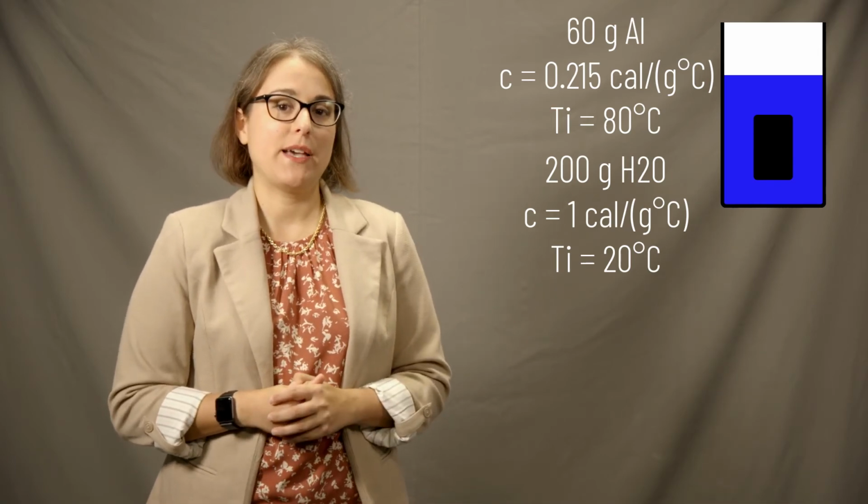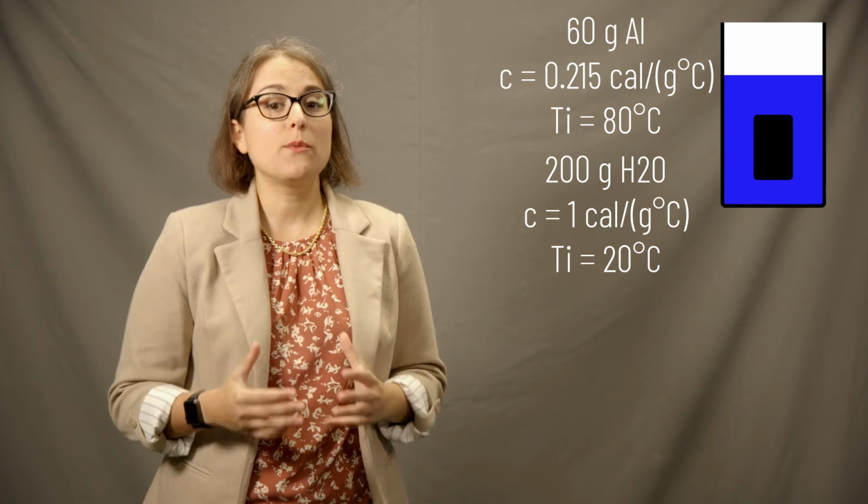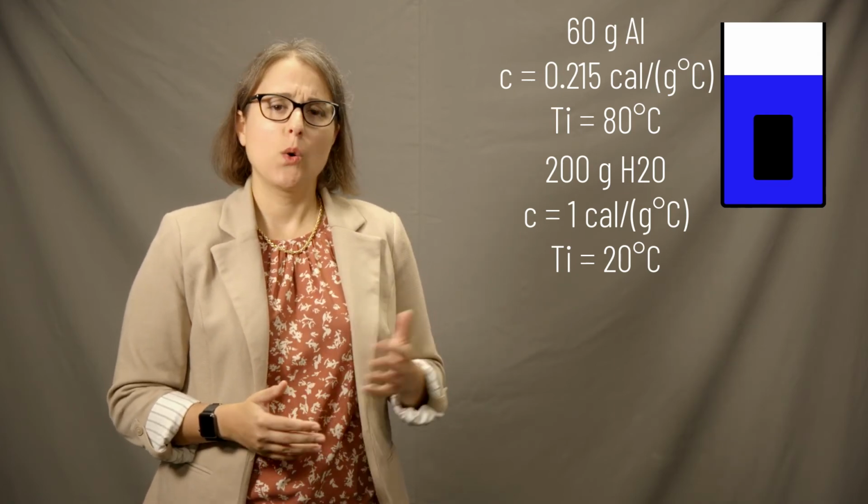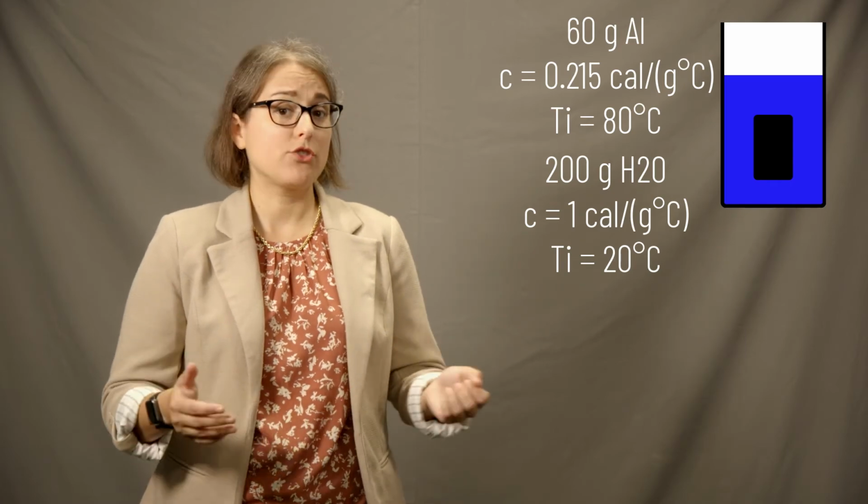After enough time has passed, the aluminum-water mixture has reached thermal equilibrium. What is the final temperature of that mixture? Start with Q hot plus Q cold equals 0. The hot substance is aluminum, and the cold substance is water.